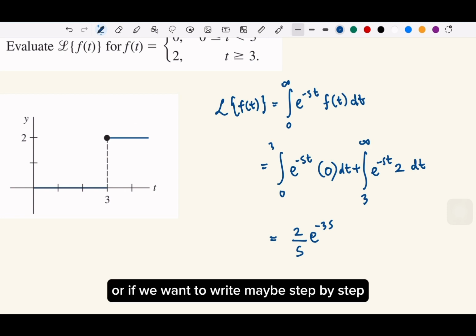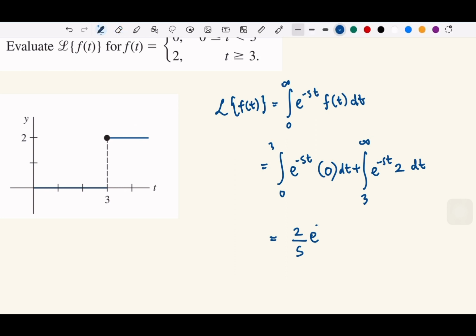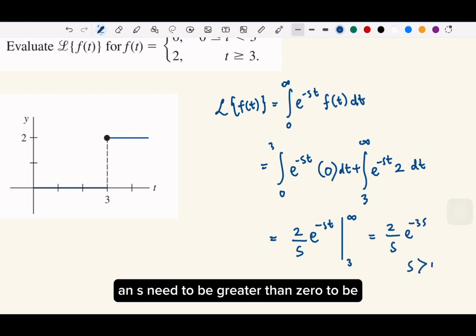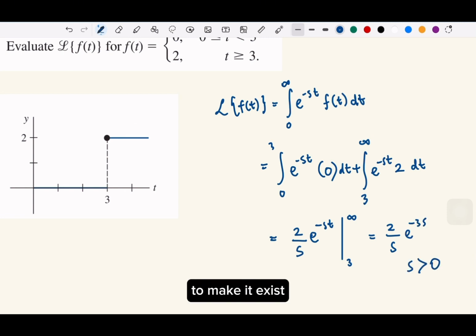Or if we want to write it step by step, this is negative st, from 3 to infinity, and s needs to be greater than 0 to make it exist.